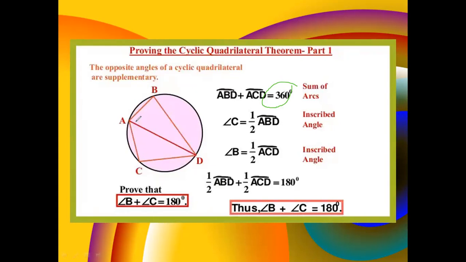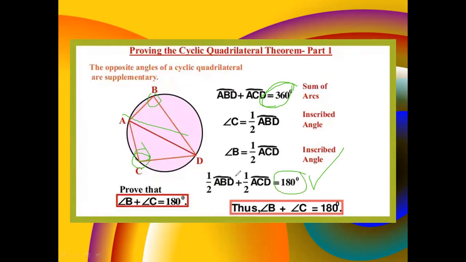Now, one half of it, angle C, this one, equals one half of ABD. So therefore, since that is one half of 360, we have 180 degrees. So if we add these angles here and the opposite, it will sum up to 180 degrees.